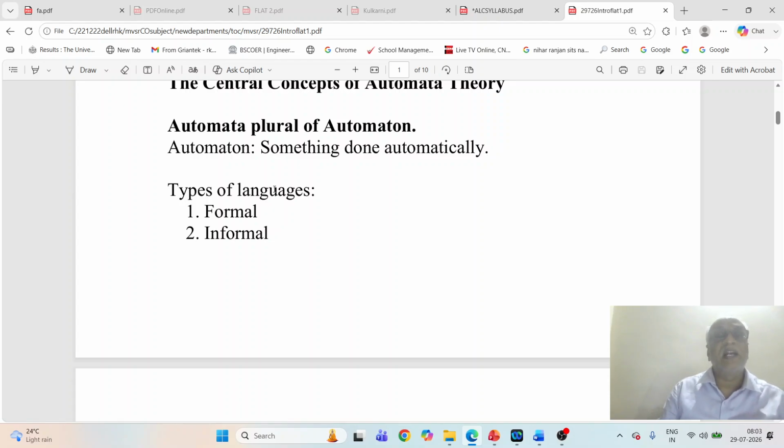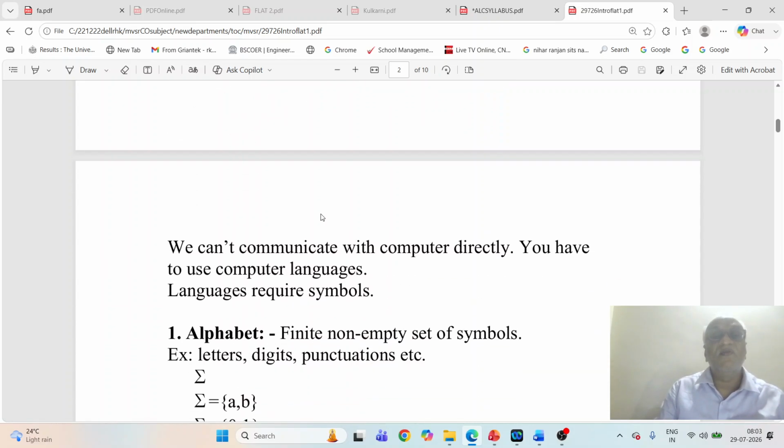Now, coming to the languages. Languages can be formal languages or informal languages. To communicate with a computer, we need a language. That language will be a computer language, and it requires whatever the other natural languages require. Like any language, say English has what?